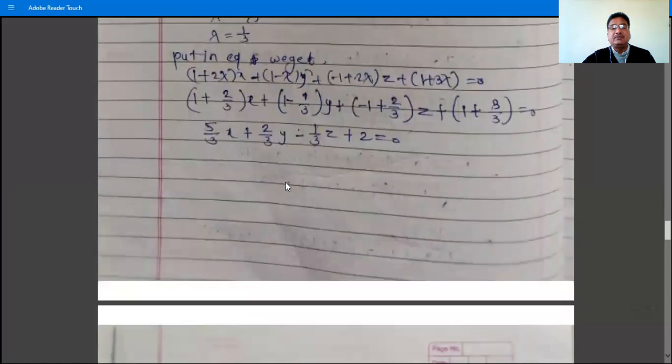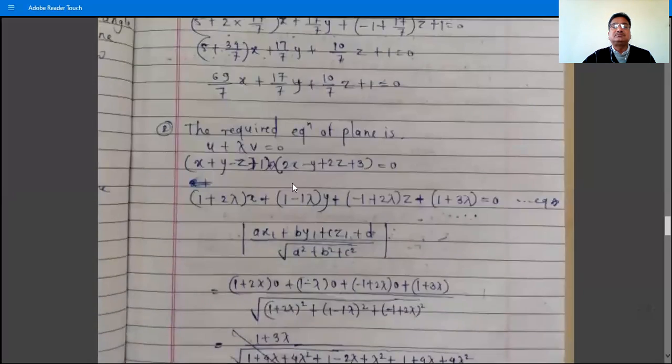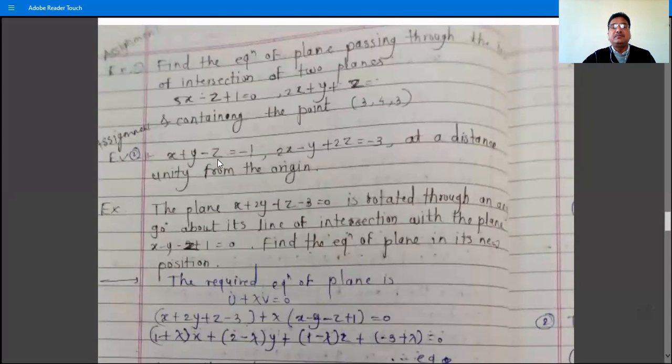So we have this equation, and 1 plus 2 by 3 is 5 by 3; multiplying by 3 throughout, we get 5x plus 2y minus z plus 6 is equal to 0, which is the equation of the plane passing through the line of intersection, and its distance is unity from the origin.